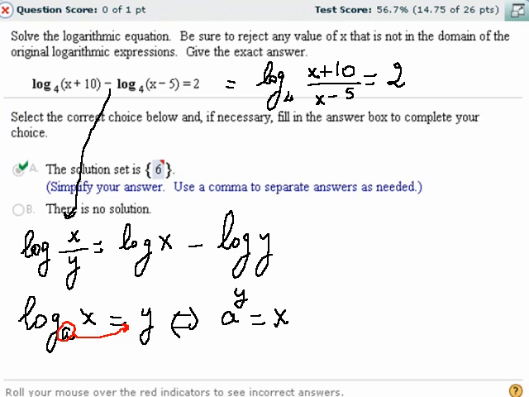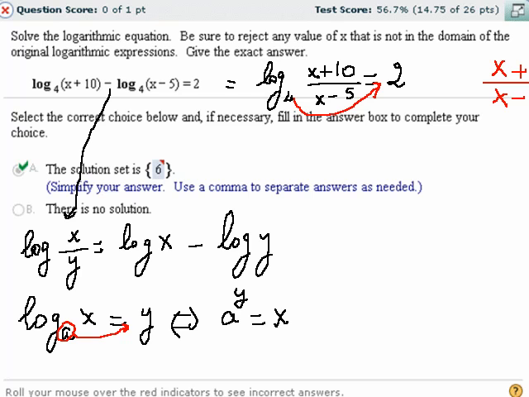So let's do the same thing here. Go 4 to the 2 equals all the fractions. So we have x plus 10 over x minus 5 equals 4 to the power 2, which is 16. 4 times 4 is 16.